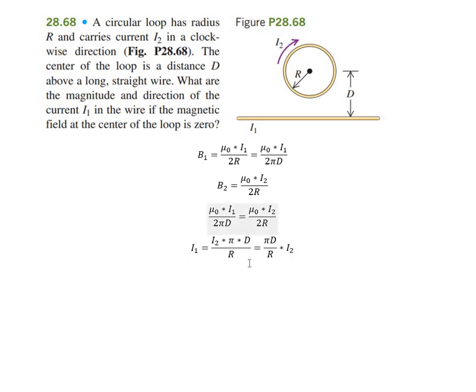This is the answer for the first part: the magnitude of the current I1 in the wire if the magnetic field at the center of the loop is 0.